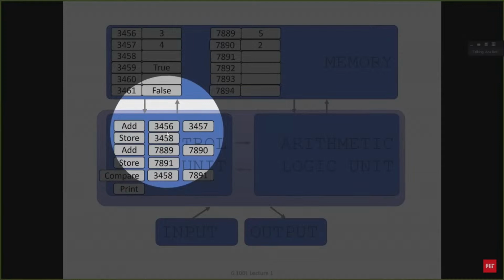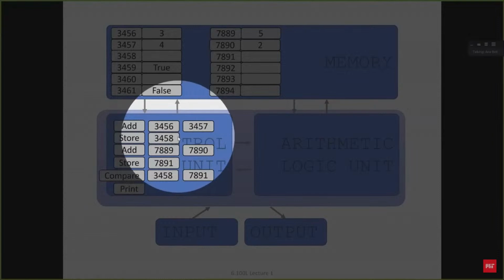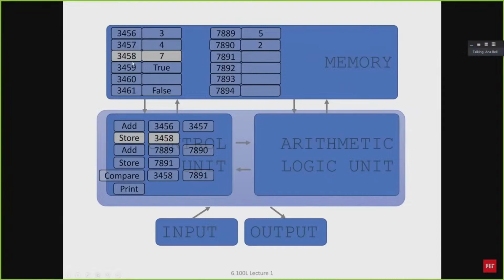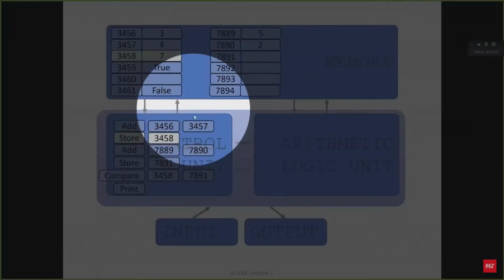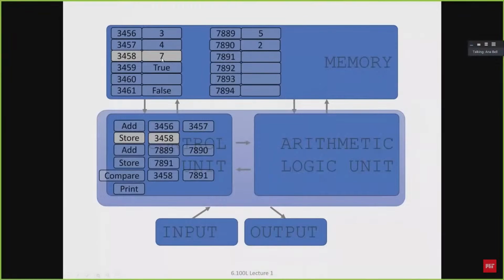Now, we never told it to store that result anywhere, but the next instruction says store the value you just got back from the ALU at memory location 3458. So the next step takes that 7 and stores it at memory location 3458. Super tedious. All we did was add 3 plus 4.